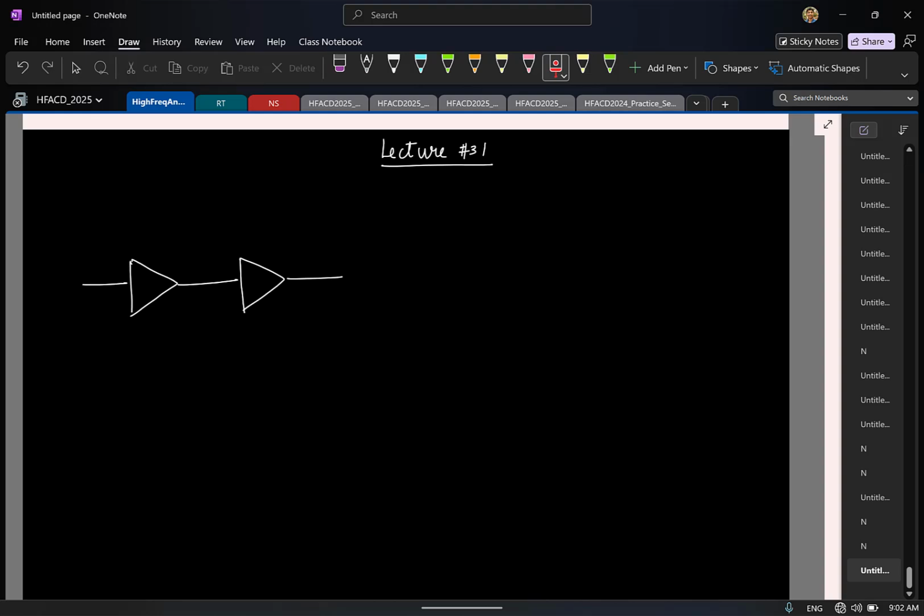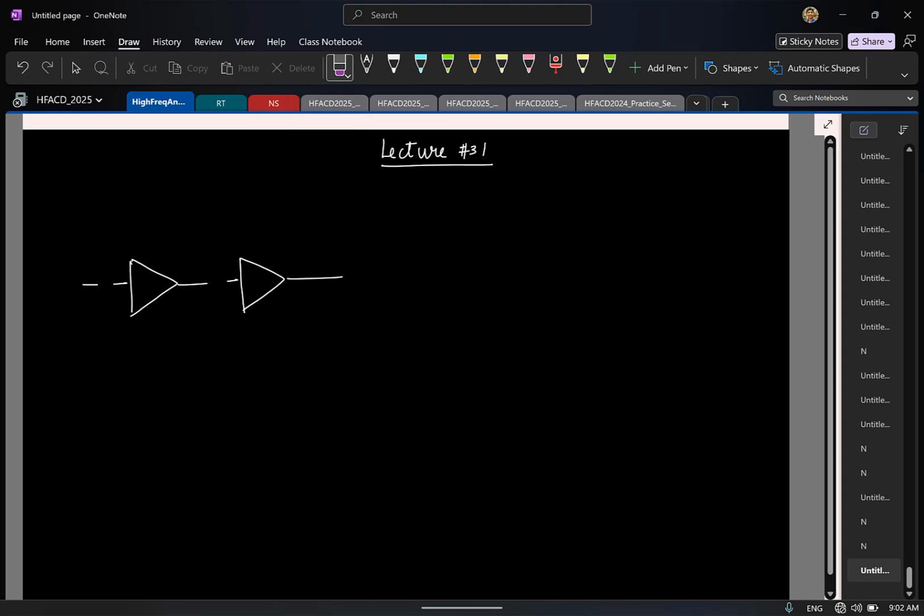Now in this 2-stage, you know how to model the noise of each of the 2 stages, right? You can model each of the noise with the input referred quantity. And if you assume that the input impedance of both stages is infinity, I just need the voltage source.